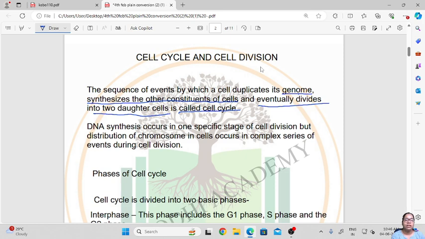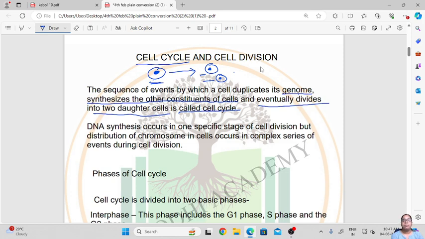So a single cell with its genome, as in the DNA and RNA material, will divide to form two or more cells. And this phase of transition from a single cell to two or more daughter cells is called the cell cycle.